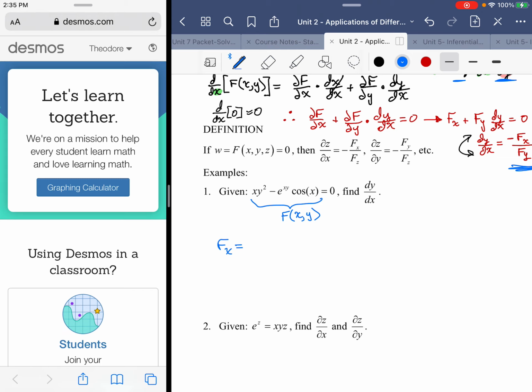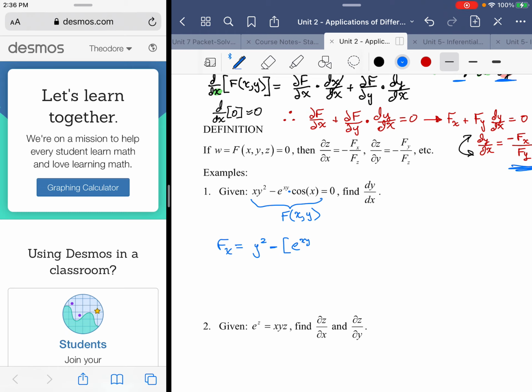All right, so the variable is x, so I'm going to leave the y squared as is, differentiate around it, minus the derivative of e to the xy. So this is product rule, because both parts involve an x.